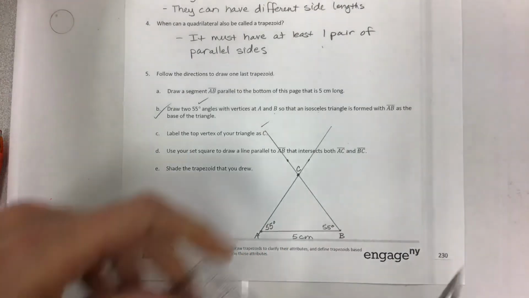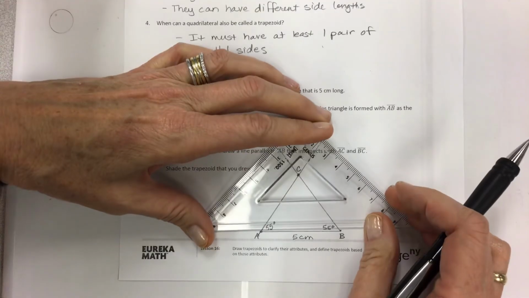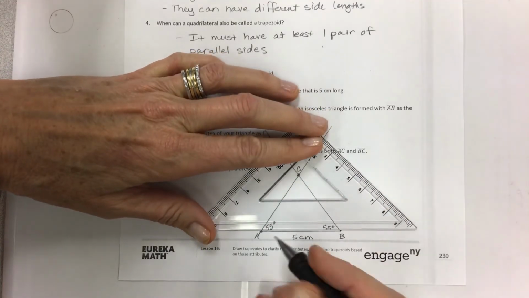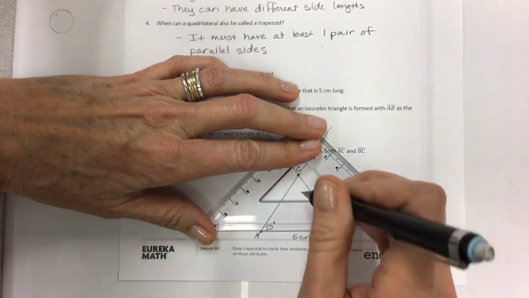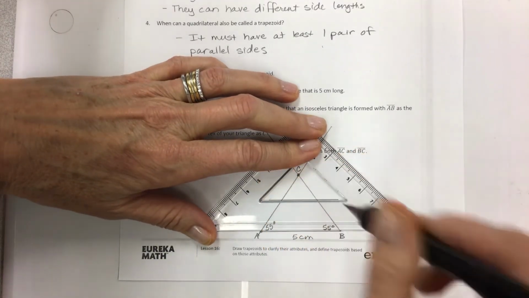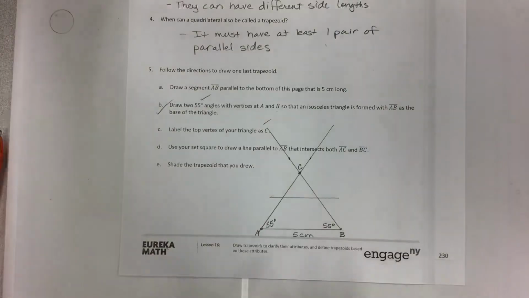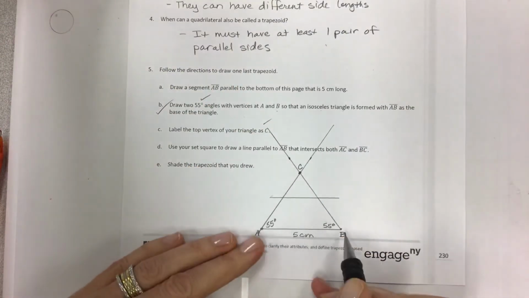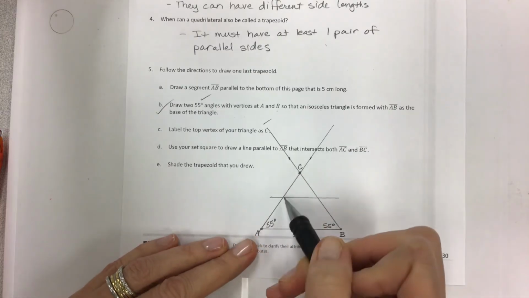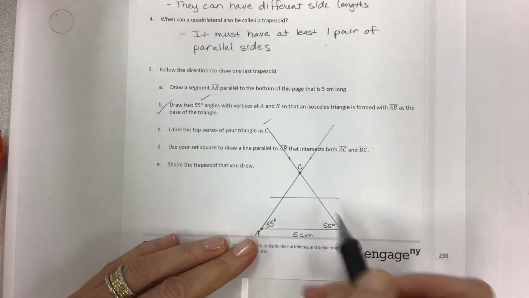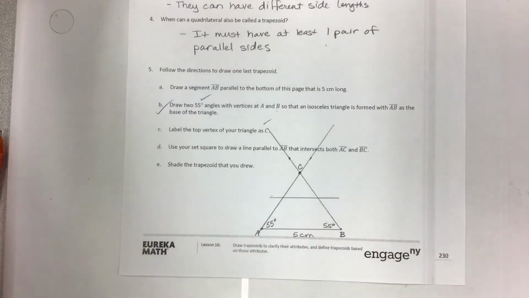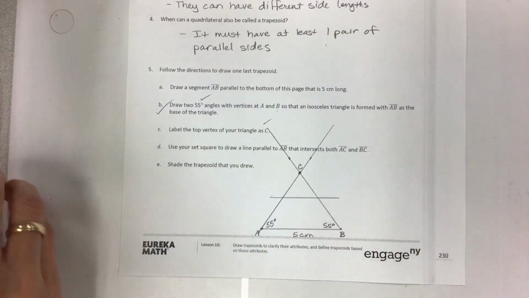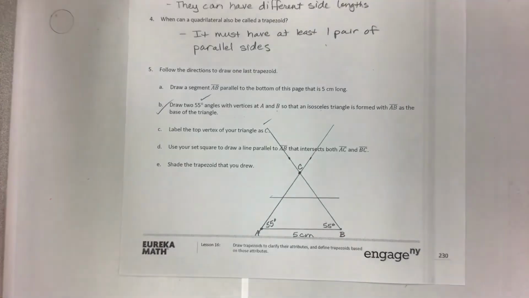If all of this talk is confusing you, okay, go back and look at all the definitions because I'm going to be using all of these words again and again. Okay, so I drew a line that was parallel to AB. It intersected AC and BC. And now you may notice that we have a trapezoid. So your next task is to shade the trapezoid.